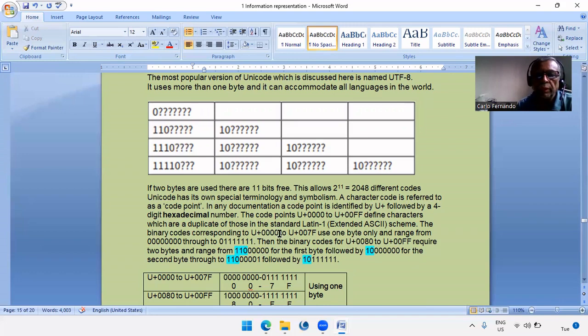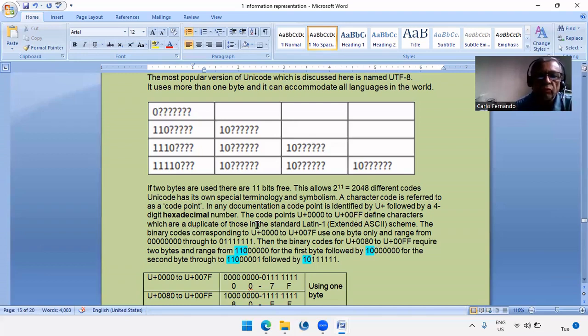The code points U plus 0000 to U plus 00FF define characters which are a duplicate of those in the standard Latin 1 or extended ASCII. That means 0000 to 00FF, where FF is 255. You convert this hexadecimal to denary.